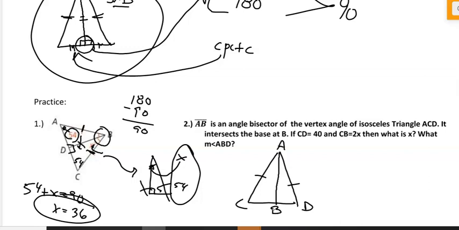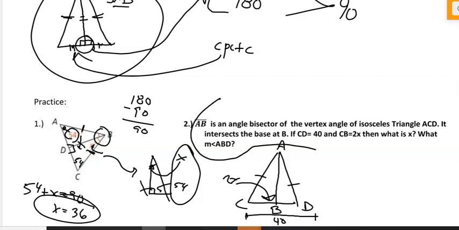It intersects the base at B. Got it? If CD, the whole entire thing, was 40, and CB was 2x, then what is x?